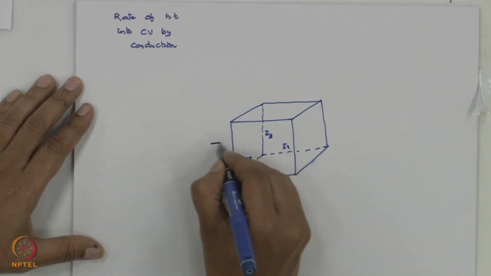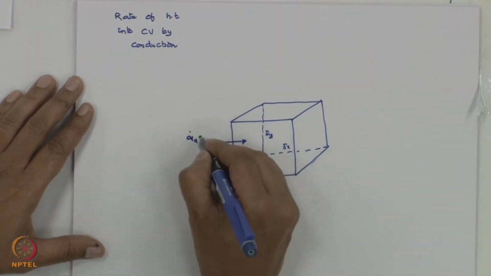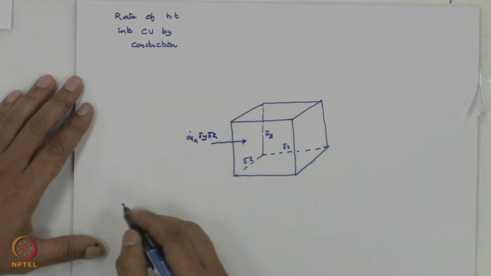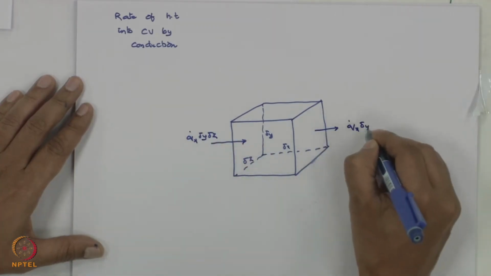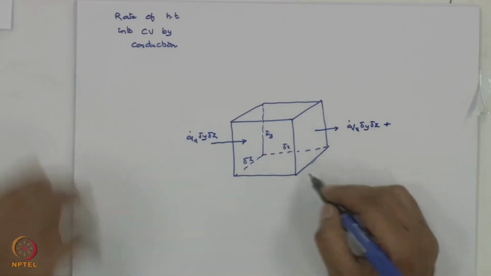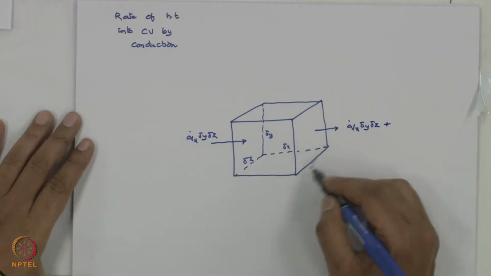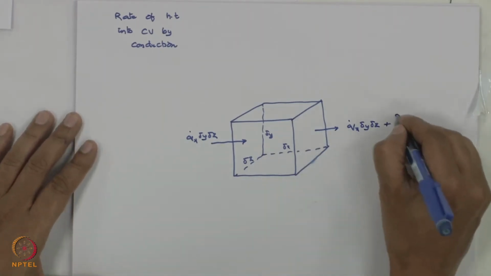So what is the heat transfer in the x direction? You have q̇x Δy Δz entering. And what is getting out? That is q̇x Δy Δz plus ∂q̇x/∂x Δx Δy Δz. You would have derived this in the heat diffusion equation derivation, so this will be familiar to the students and you can go fast here.